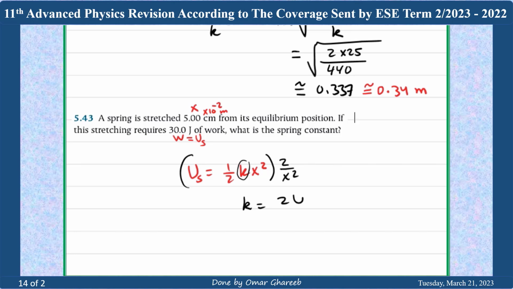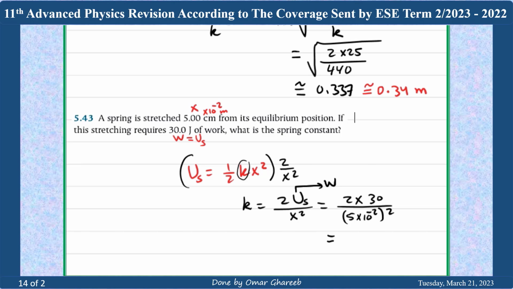So you have 2U in the spring over x squared: 2 times U in the spring, which is the same as the work, 30 joule, and x is 5 times 10 to the minus 2 meter, then squared.